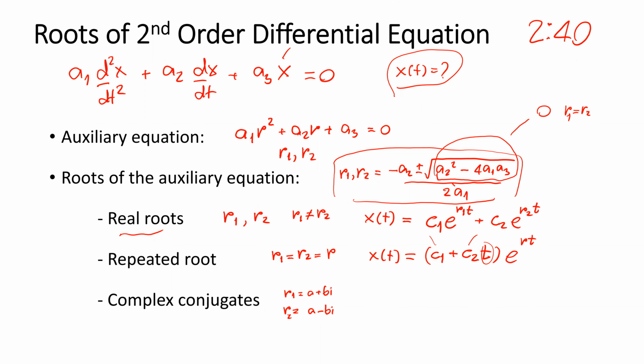In this case, we still have C1 e power R1 t and C2 e power r2 t.